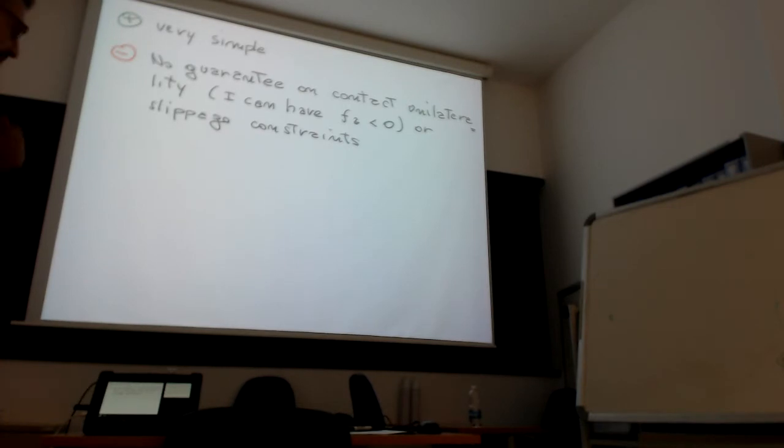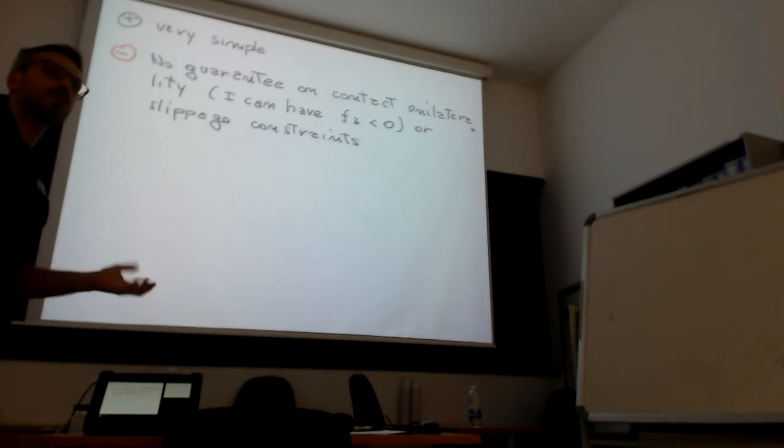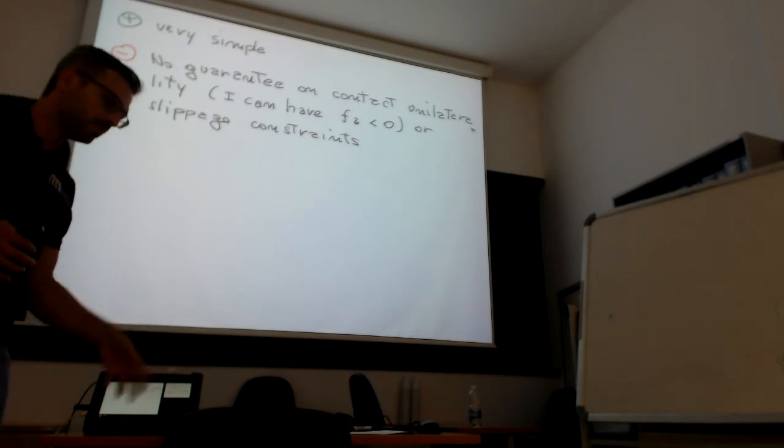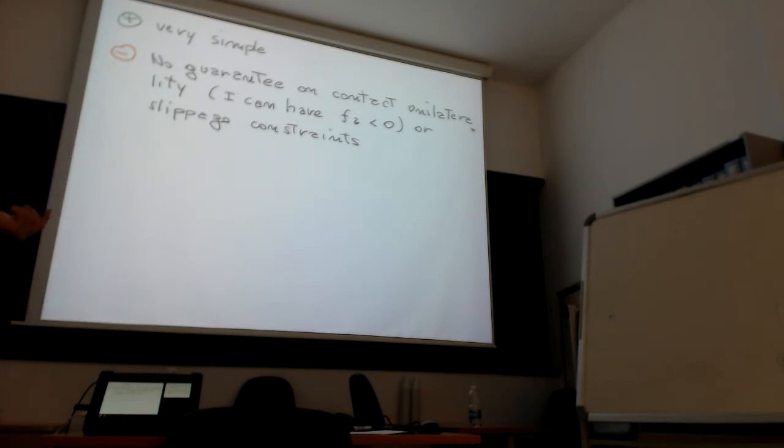However, the problem of this approach is that we are not guaranteed anything. We know that these robots can only push and not pull on the ground, but with this controller we cannot enforce this. Ideally, you can even require negative forces in some situations, for the Z component.